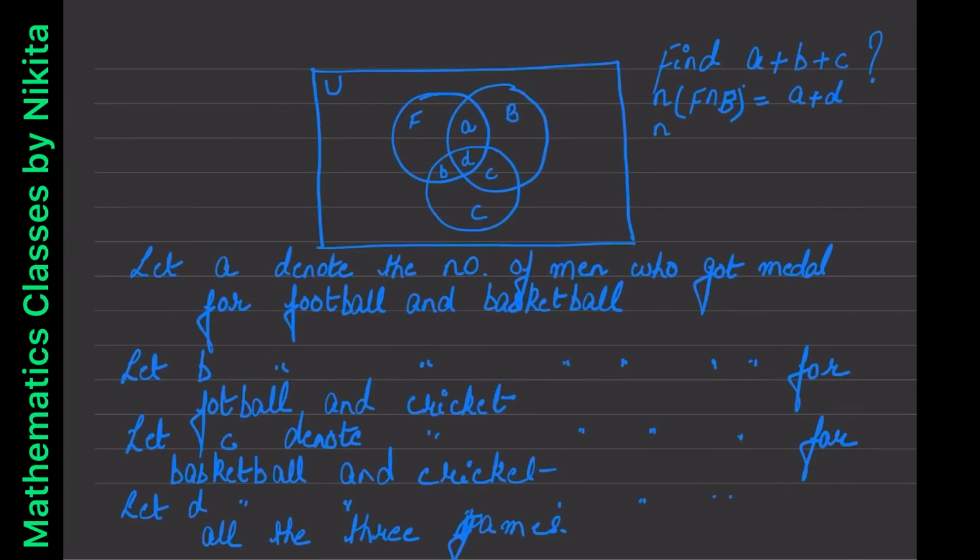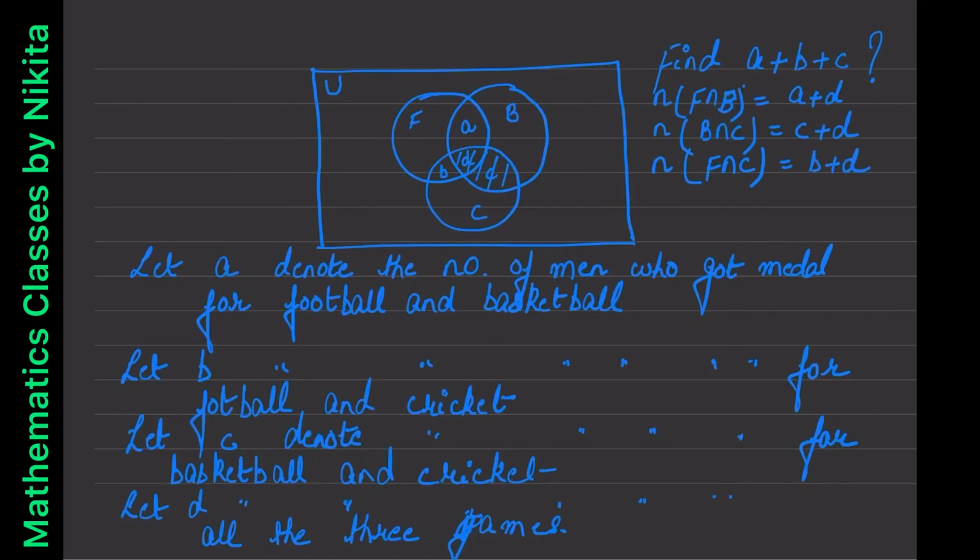What is n of B intersection C? This is equal to this part, which is c plus d. And then n of F intersection C is b plus d.